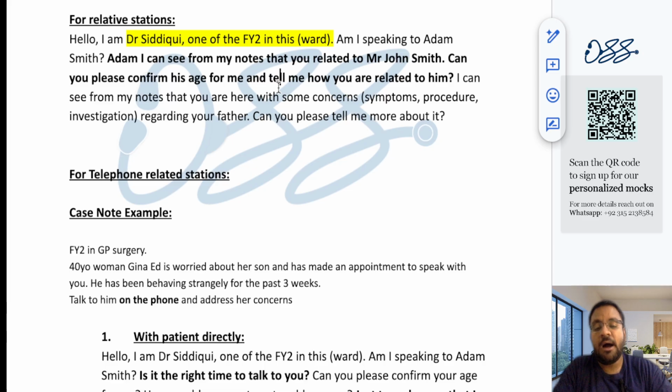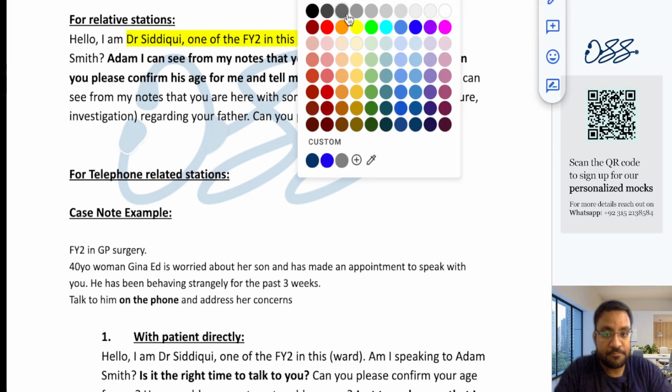Then you're going to confirm whether or not you're talking to the right person. Let's suppose that Adam Smith is a relative of Mr. John Smith. First of all, you're going to confirm whether or not you're talking to Adam Smith.